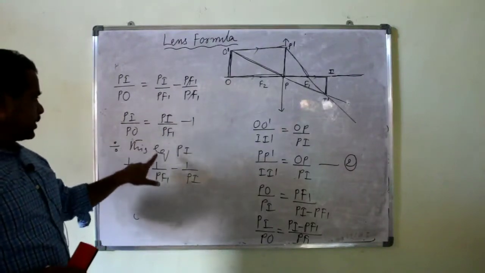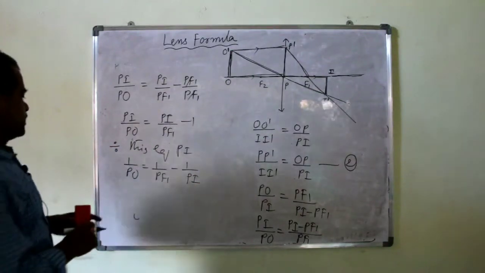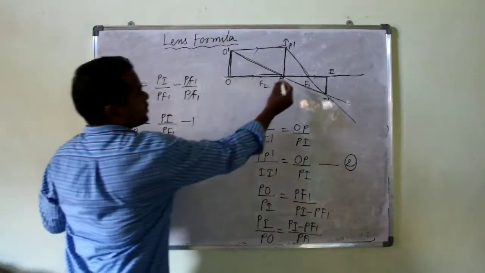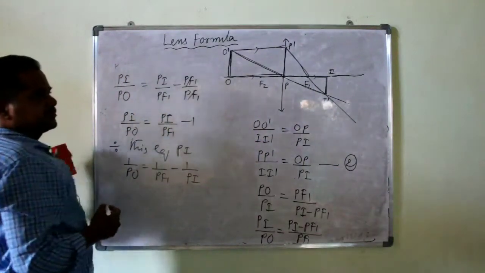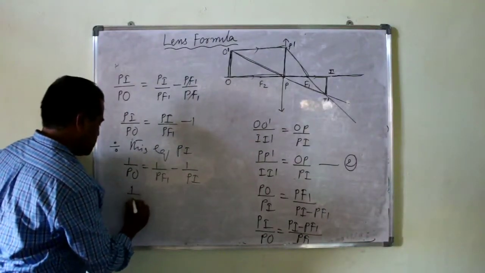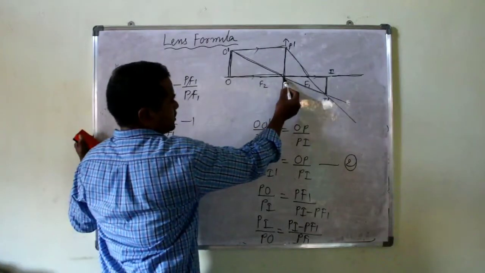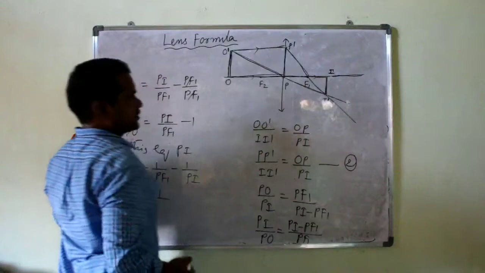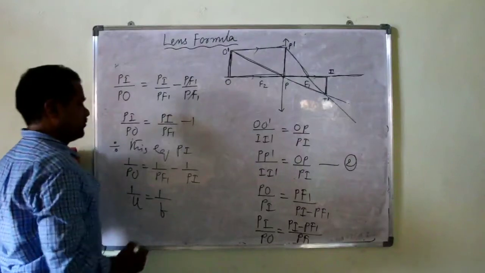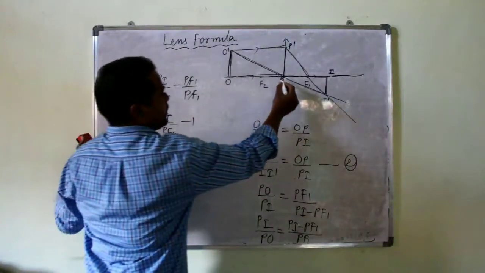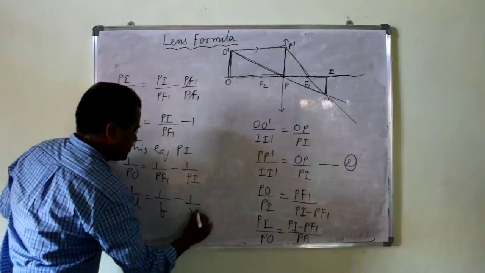PI gets cancelled. So PO, the distance between optic center and object, is denoted by the letter U. 1 by U is equal to 1 by PF1. The distance between optic center and focus point, called the focal length, is denoted by the letter F, minus PI, the distance between optic center and image, denoted by the letter V.